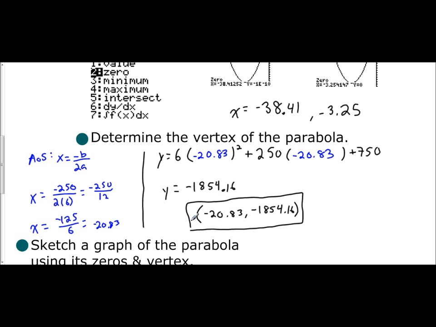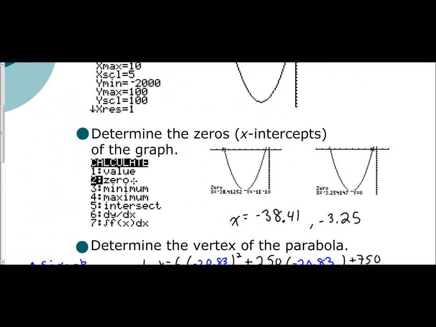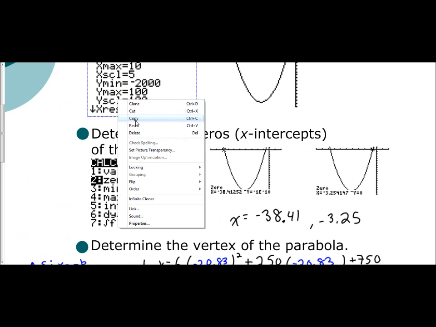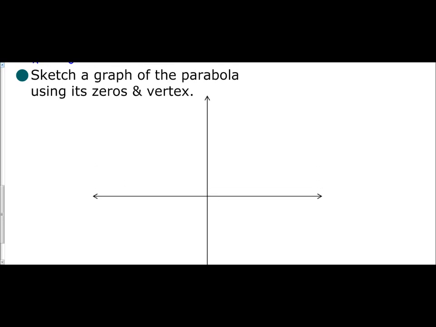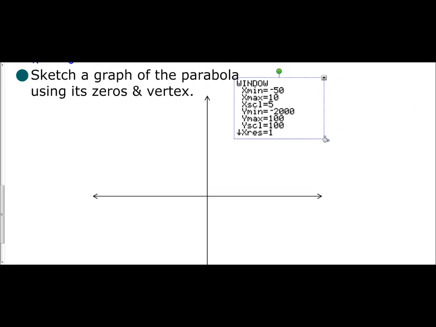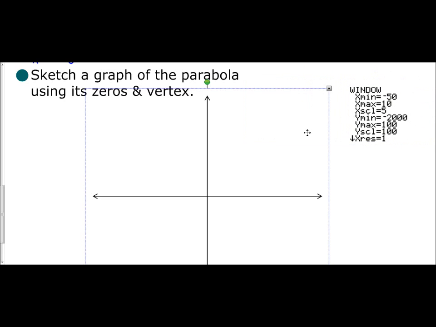And the last part says we want to graph this using its zeros and its vertex. And so what's nice, we're going to use the scale we used in our calculator to assist us with actually creating a graph for it. So I'm showing my x min is negative 50.